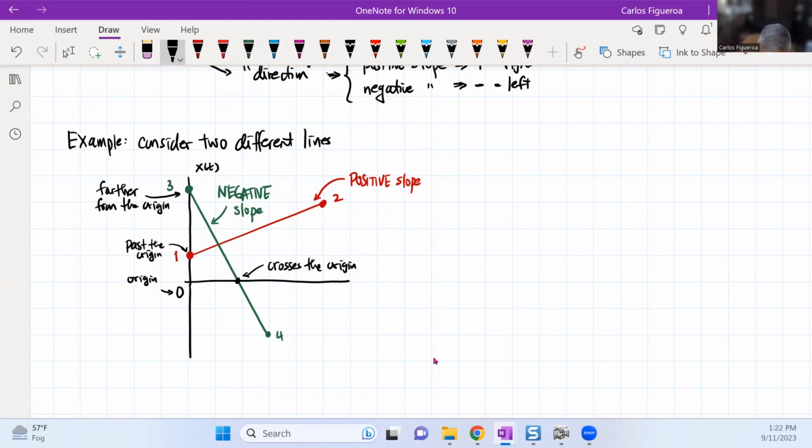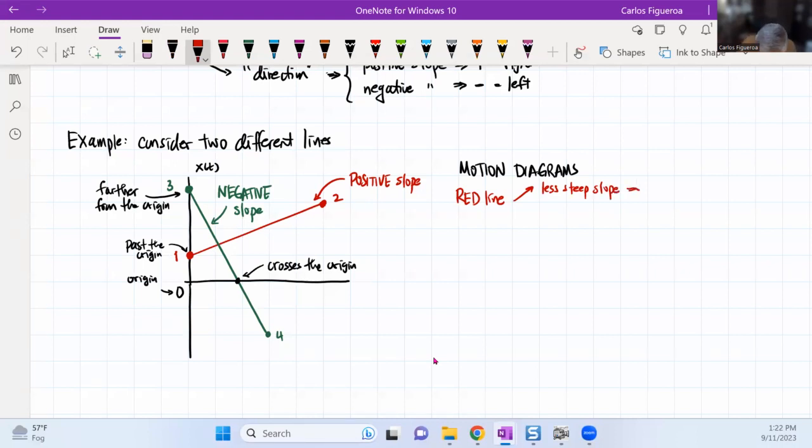So then if I start to look at this in terms of motion diagrams, we can clearly see that the magnitude of the slope for the red line is a less steep line. So if I look at the red line, that tells us that this guy has a less steep slope.